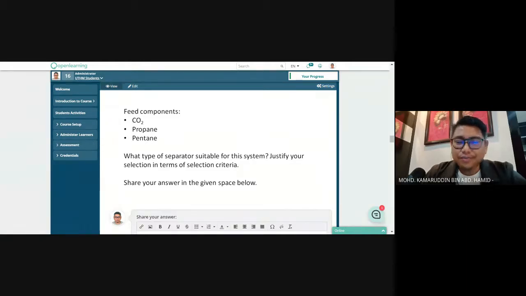Based on this, of course, you may not agree with the answers you gave. What do you think? Which separator will you use here? Reboil absorber. Okay, Azhar, yes, you can use a reboil absorber. Any other than reboil absorber?